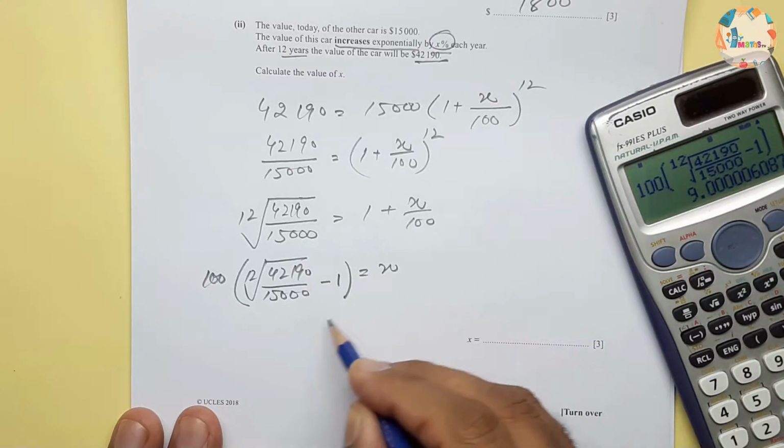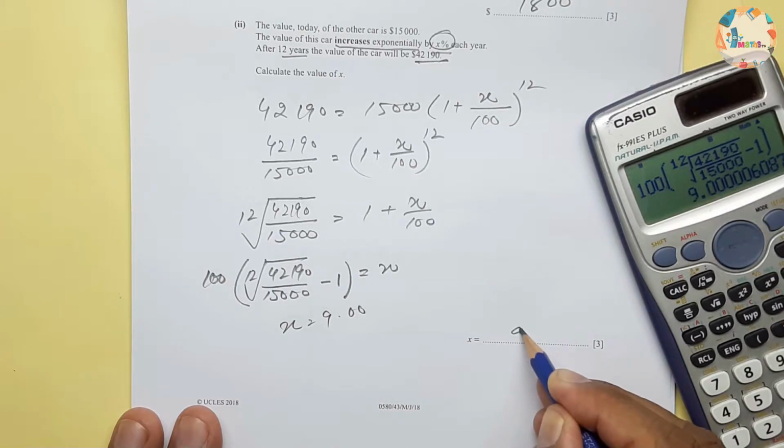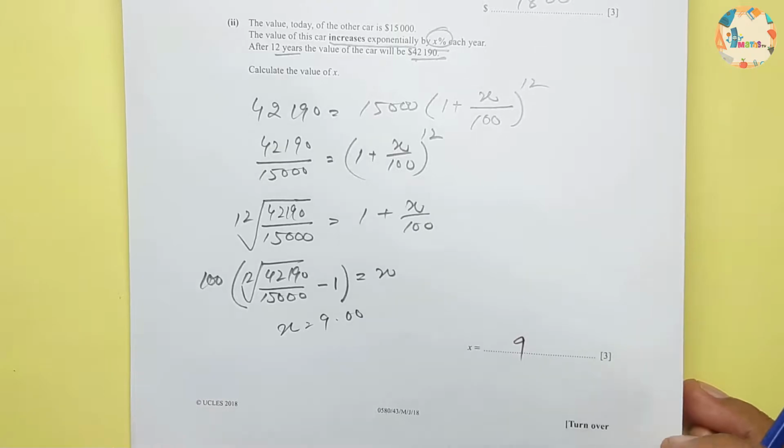So x will be equal to 9.00, or we can write x is equal to 9, so the rate will be 9%.